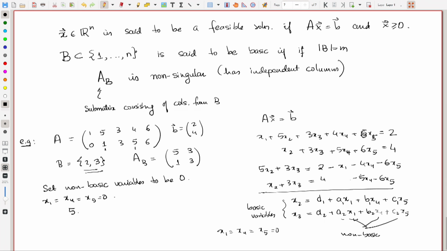Then what I get is 5 x 2 plus 3 x 3 is equal to 2 and x 2 plus 3 x 3 is equal to 4.